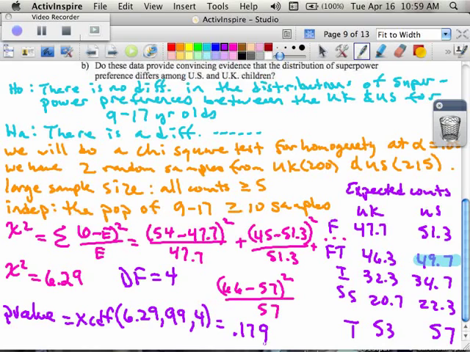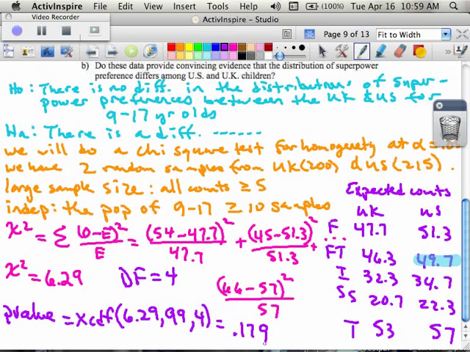Since our p-value of 0.179 is greater than alpha equal to 0.05, we fail to reject H0. Am I talking too fast?